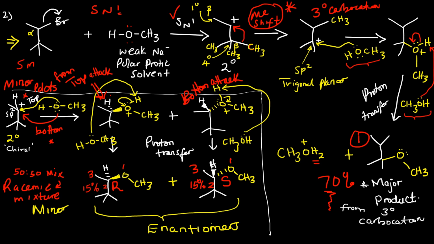So with the top and the bottom attack, does that only happen because it's an sp2 carbon and because it's flat, that there's an option to go top or bottom? Yes. And I will only consider top and bottom because I'm expecting two products. If the carbocation does not have three different groups, no need to worry about top and bottom. No need to show the wedges. You just show regular bonds.